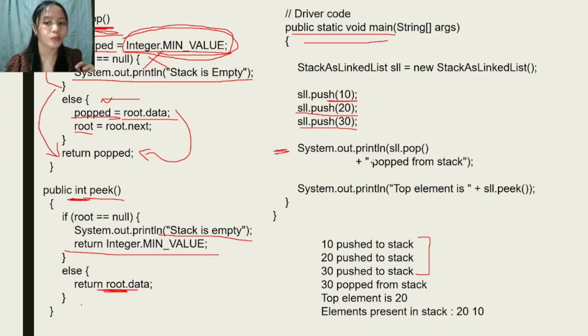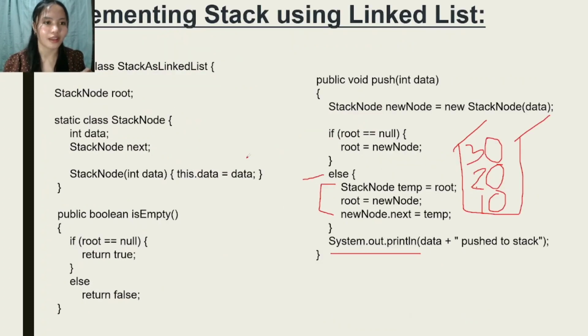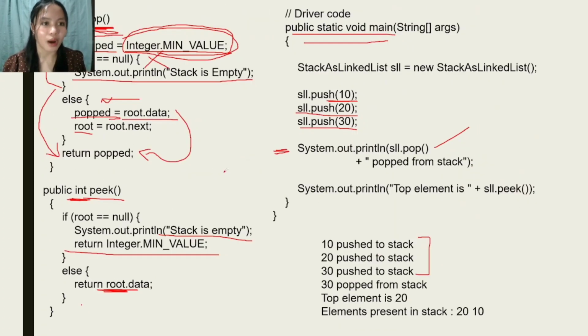So this statement will print the SLL.pop method and the pop from stock. However, let us go first to our SLL.pop. Okay, since it is invoked, whatever is returned to our method pop, that will be the one that will be printed. So let's go first to our pop method so that we know what value is popped.